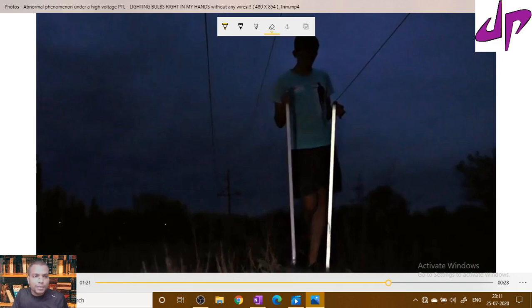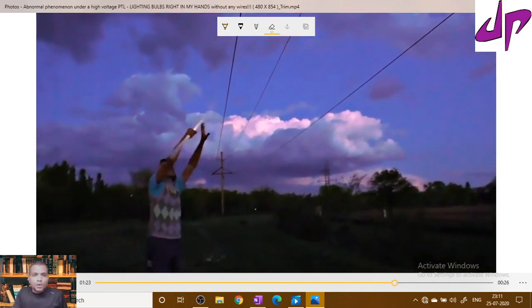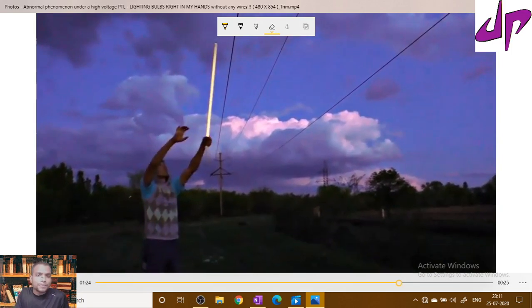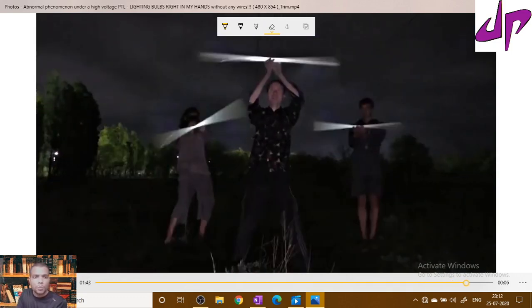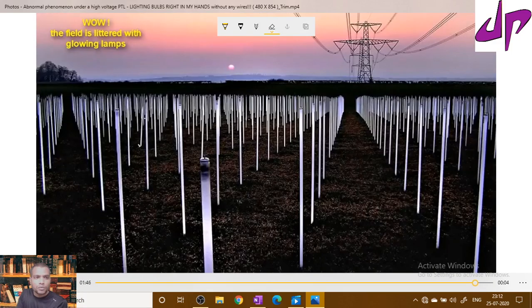Only because of the potential difference does the bulb glow; without it, electrical appliances won't work. Sometimes at your house, all of a sudden the bulb glows less or more. That is usually said to be due to high voltage or low voltage, but actually it should be said in terms of high or low potential difference.